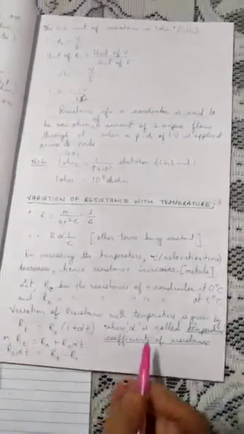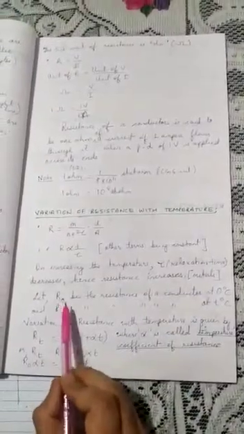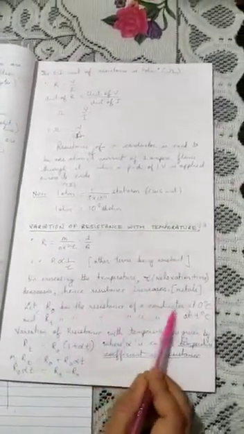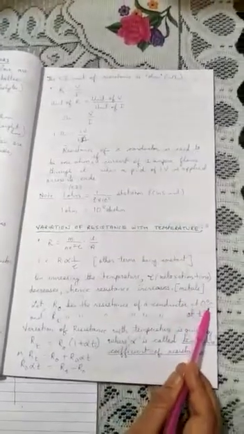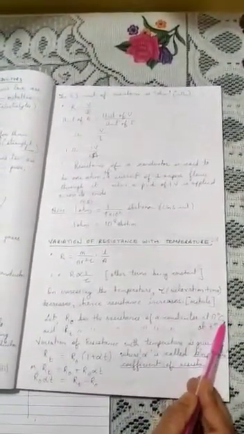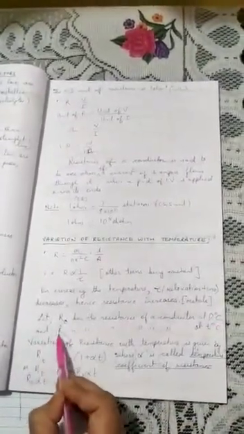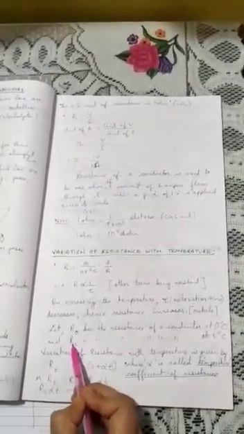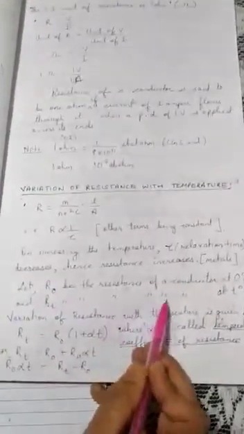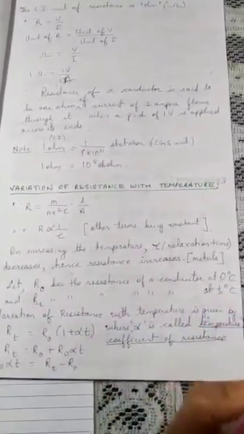Now there is a relation which will help you to find out the change in resistance on increase in temperature. So let us have R naught as the resistance of a conductor at 0 degrees Celsius. This will be a constant because the resistance of any conductor at 0 degrees Celsius is fixed. Now RT, say you have increased the temperature to 25 degrees Celsius. This RT is the resistance of the conductor at 25 degrees Celsius.